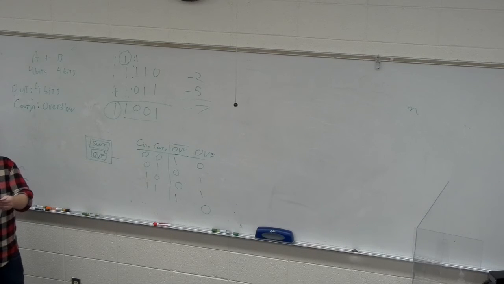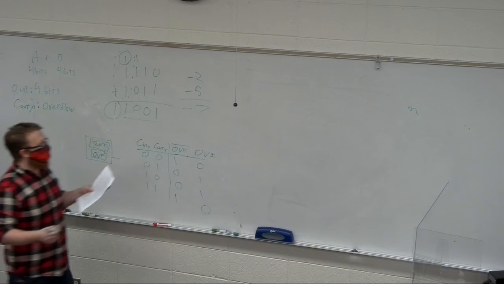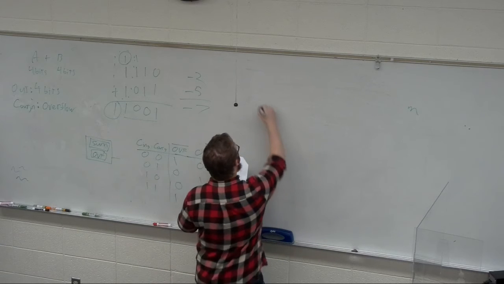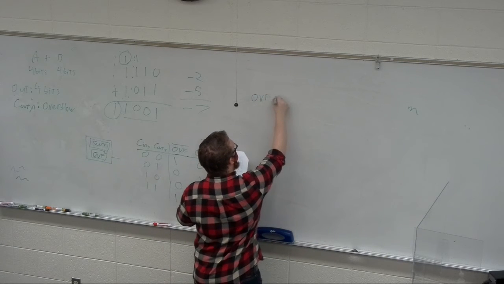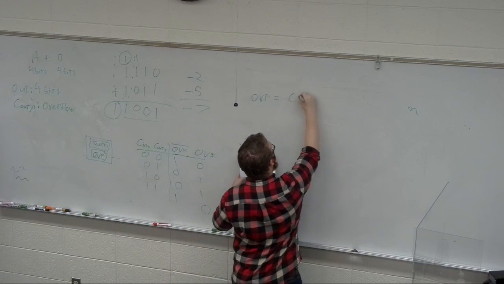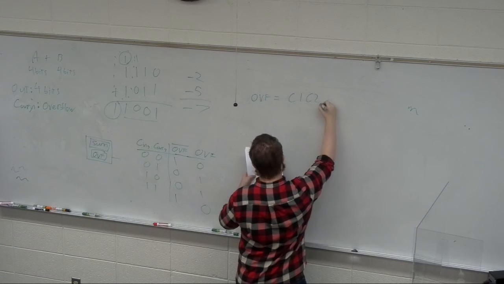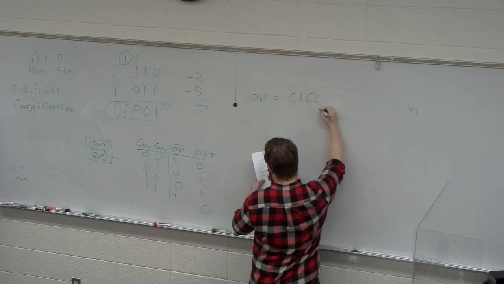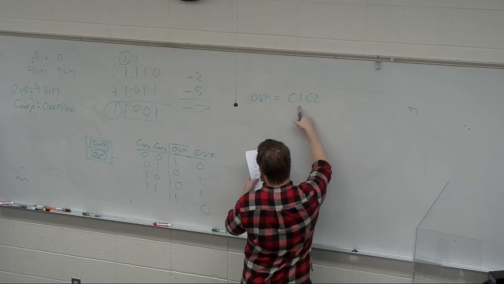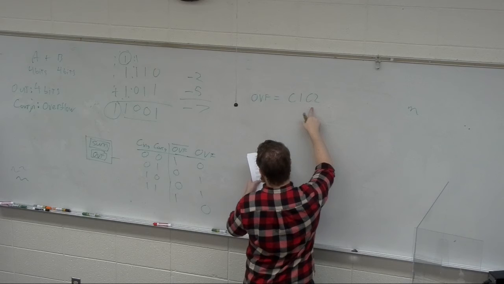Actually, I don't even know if they point it out. I think they do it in an even harder way, which is really funny. The book shows you a different way to solve the logic. They show that overflow is equal to carry in, carry out.